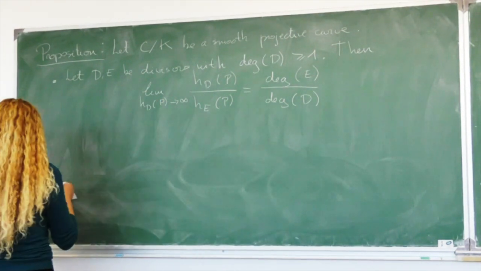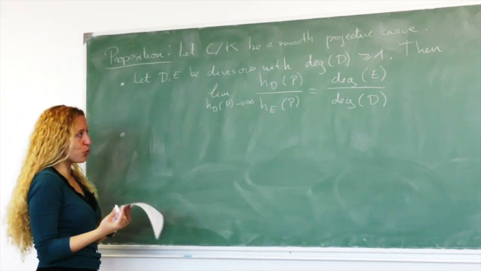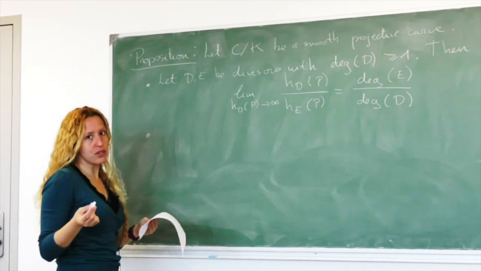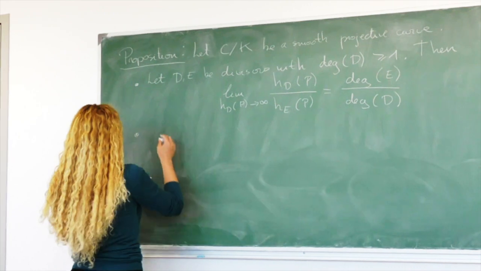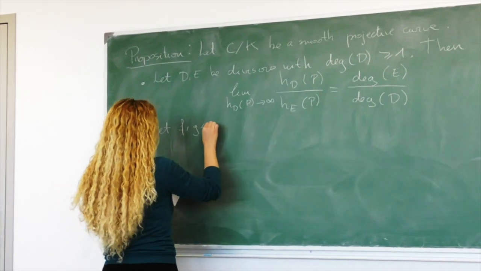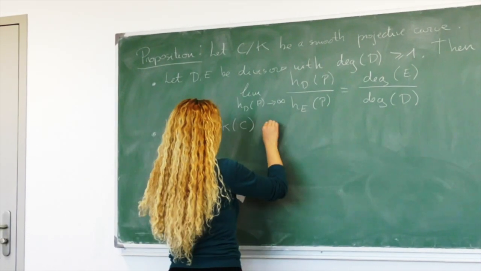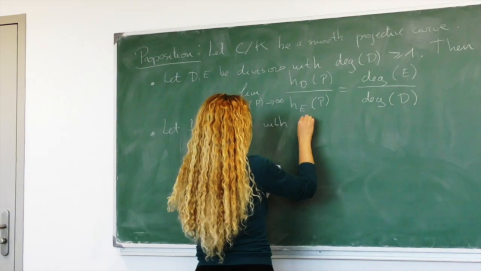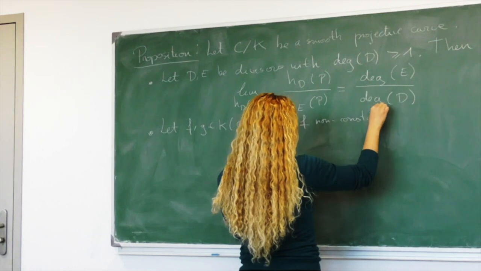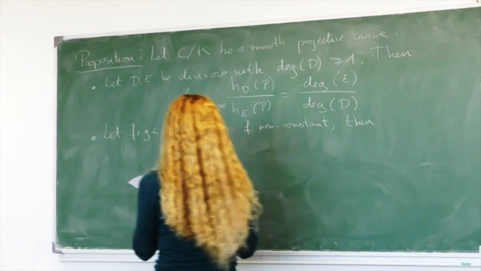Okay, so this is the first property. And the second one is actually a reformulation of the first one, but in terms of functions instead of divisors. So this time I take f and g, two functions on the curve. The condition that I ask is that f is non-constant. Then we have the following.